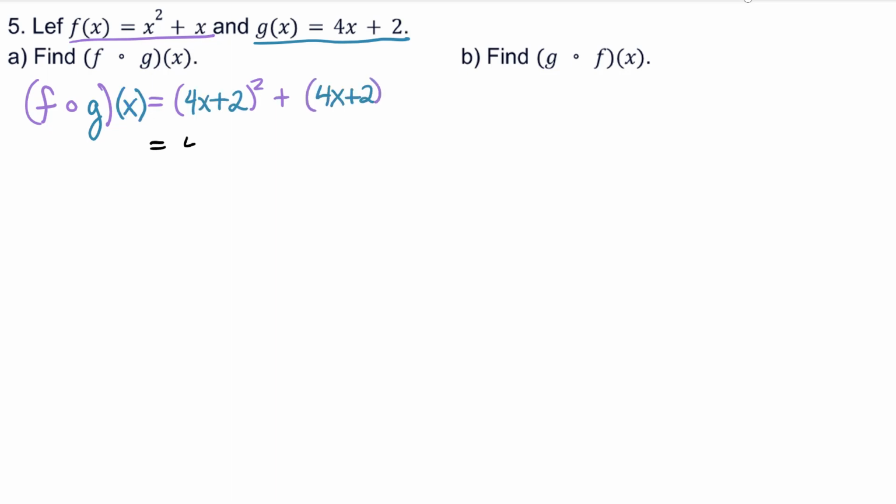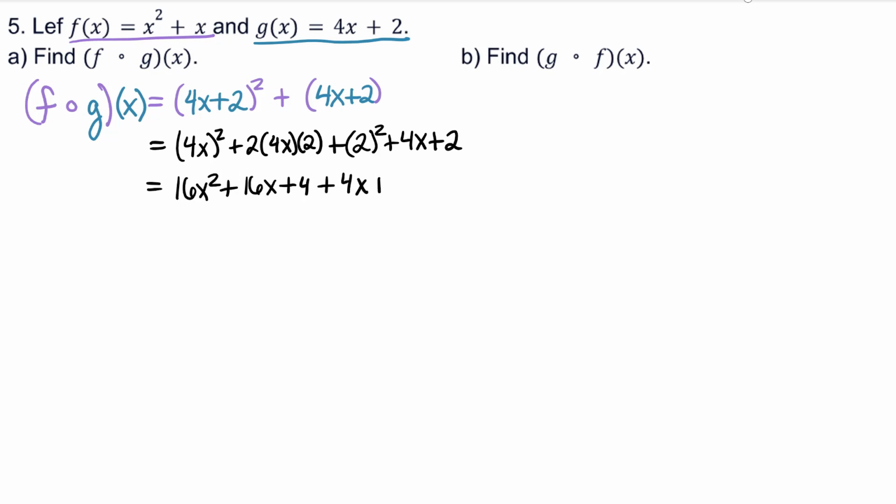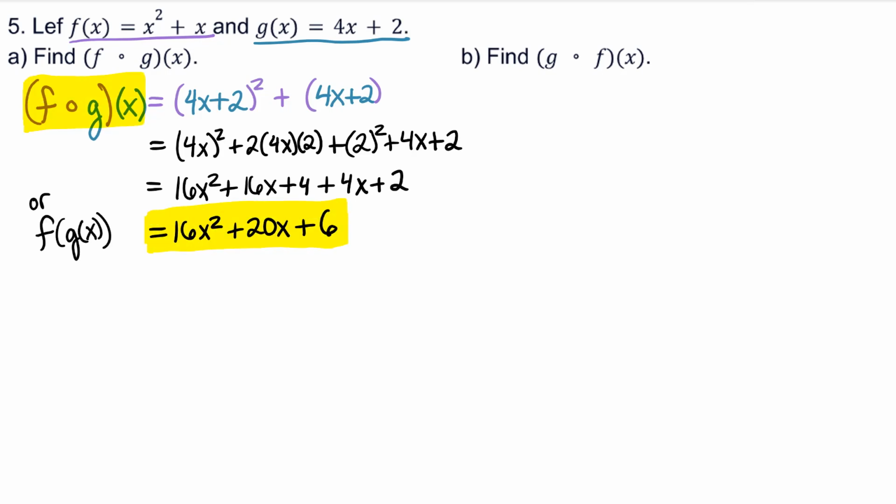Expand the binomial squared to be a perfect square trinomial, and continue simplifying. Making our result for f composed with g of x, also known as f of g of x, 16x squared plus 20x plus 6.